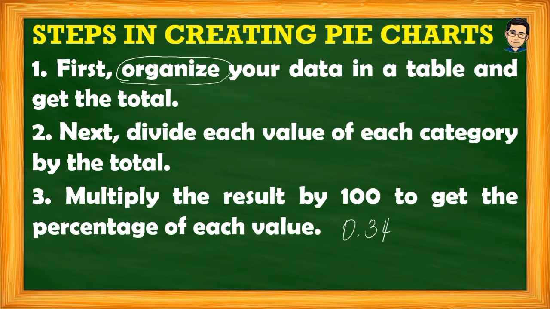Move 2 decimal places to the right: 1, 2. So, in percentage form, 0.34 or 34 hundredths is equivalent to 34%. Ibig sabihin, kapag hinati natin siya, yung portion na yan, kailangan makita natin na 34% siya dun sa kabuuan ng circle. Hinahati natin yung circle based dun sa percentage. Siyempre, mas malaking percentage, mas malaki yung hati.